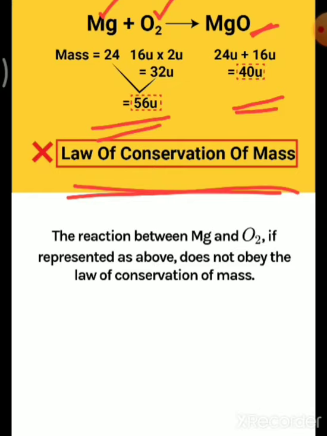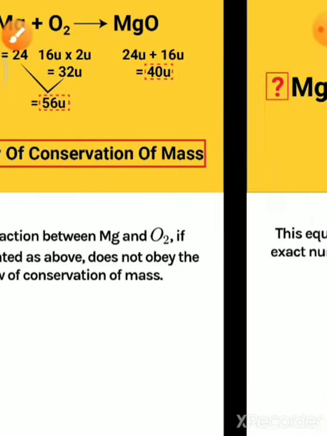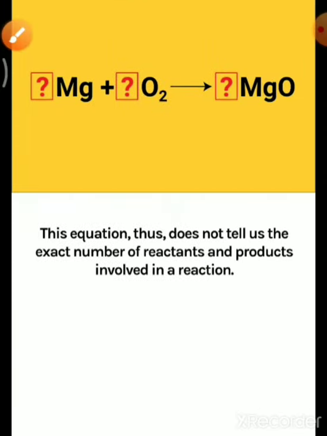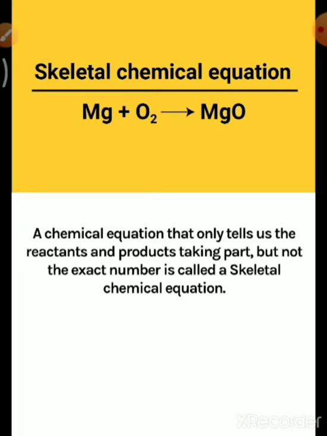So this reaction between magnesium and oxygen, if represented as above, does not obey the law of conservation of mass, because the mass of the reactants and the mass of the products are not equal to each other. This equation thus does not tell us the exact number of reactants and products involved in a reaction, as it does not follow the law of conservation of mass.